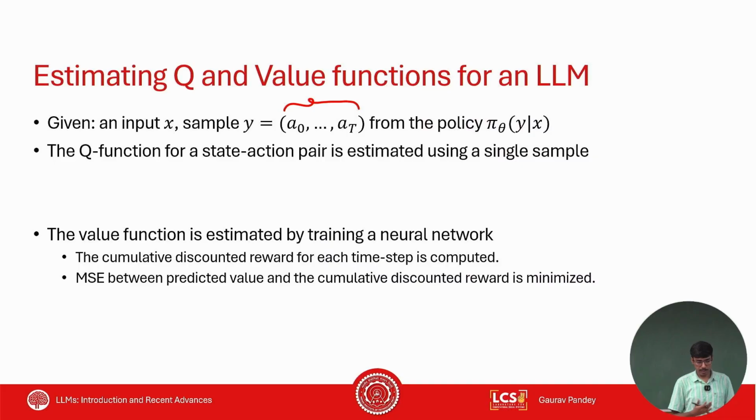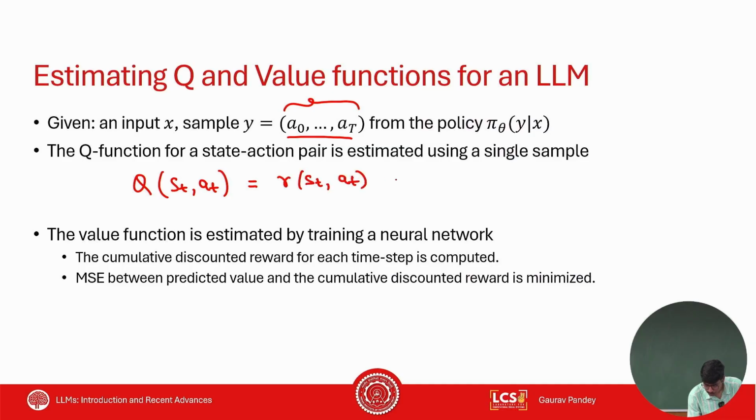The value function is estimated by training a neural network. Okay, let me write down the Q function. If you have sampled this particular output Y, the Q function at any given time is Q(st, at), where st is the past tokens and at is the token that you're generating at time step t. This is given by the reward of this token plus all the future rewards. I will assume gamma equal to 1 for now.